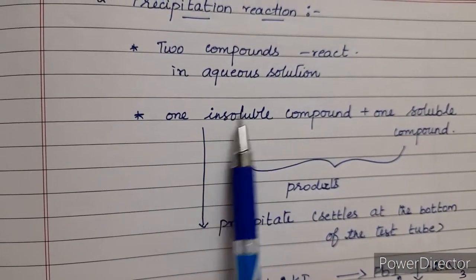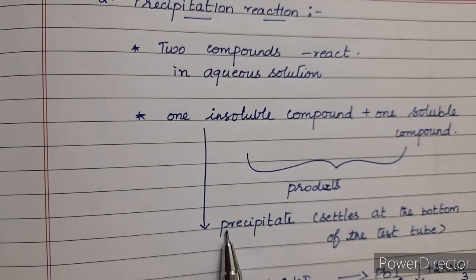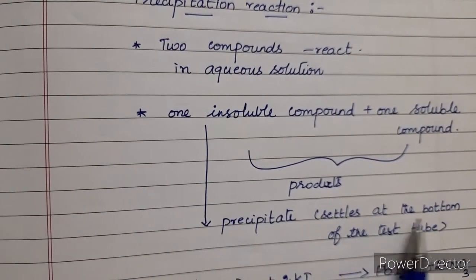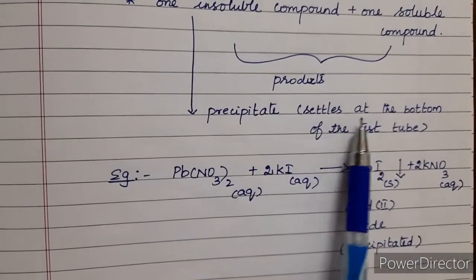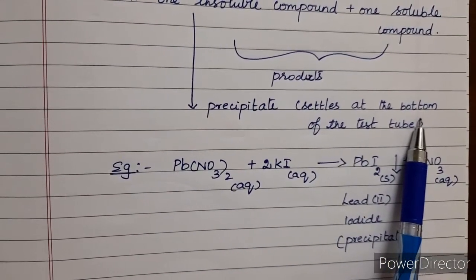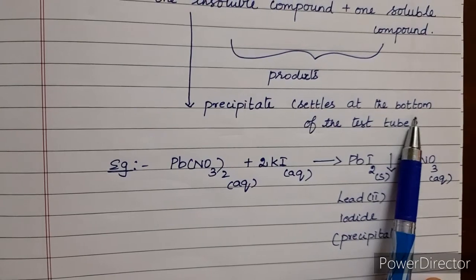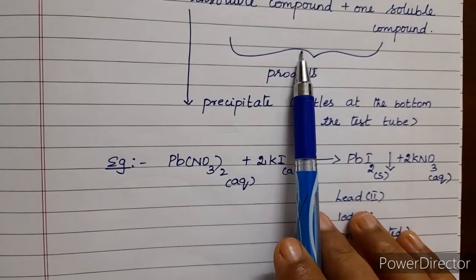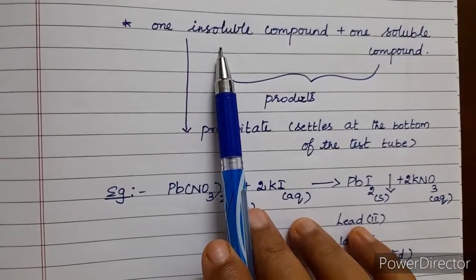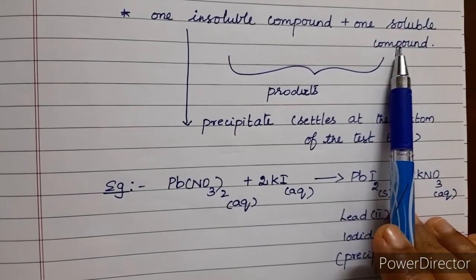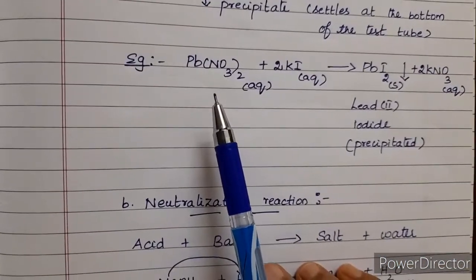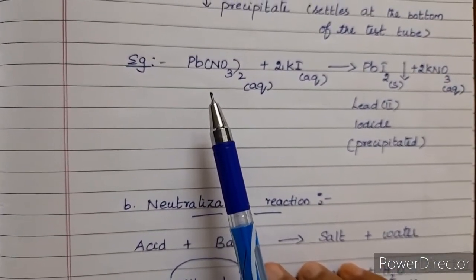What happens to the insoluble compound? It gets precipitated, isn't it? So it will settle at the bottom of the test tube. Since it settles at the bottom of the test tube, it is called the precipitation reaction. In the product, one compound will be insoluble and the other soluble. So it gets precipitated, so it is called the precipitation reaction.